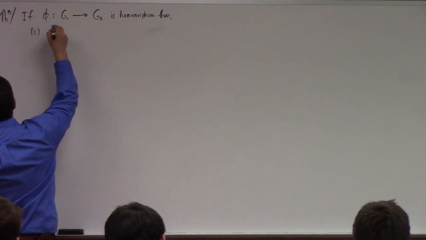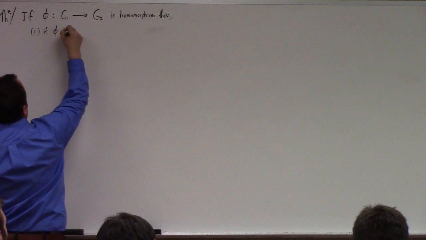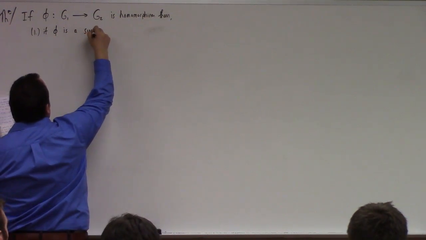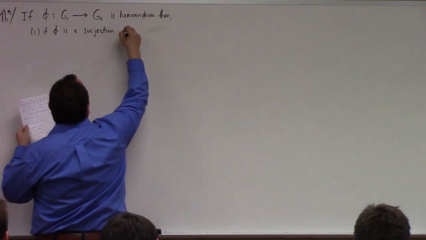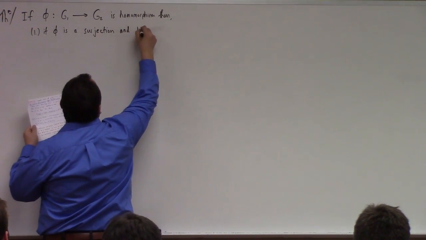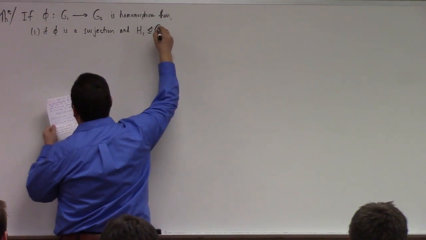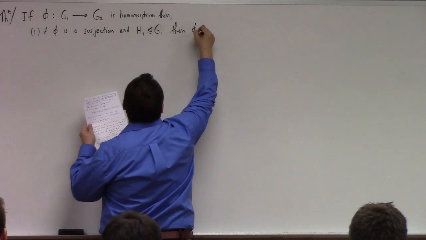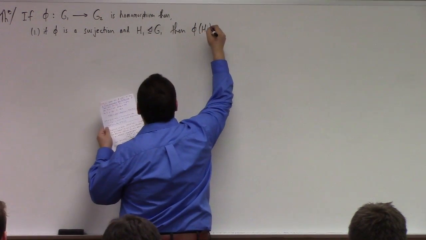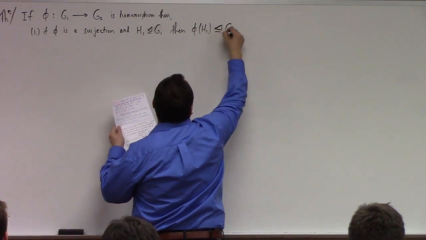One, I'm adding a condition here: if phi is a surjection, in other words, if it's onto, and H1 is a normal subgroup of G1, then phi of H1, the image under the homomorphism of H1, is a normal subgroup of G2.